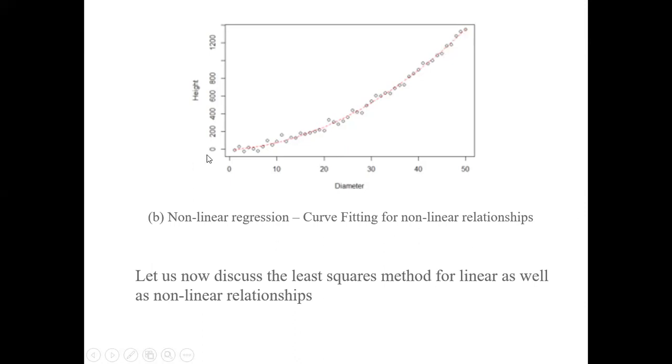Non-linear means at first the increase in value is very small, and after some duration the value of y suddenly changes. This is the difference between linear and non-linear regression.